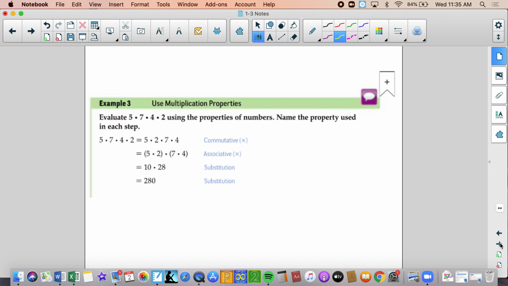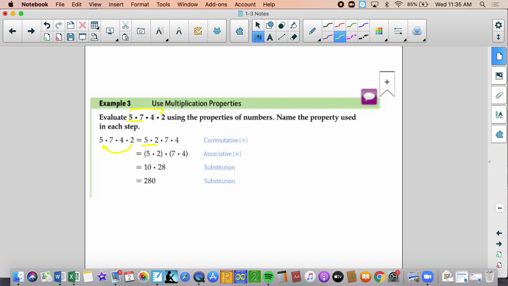So use multiplication properties. Evaluate 5 times 7 times 4 times 2 using the properties of numbers. Name the property used in each step. Okay, well, I don't necessarily want to multiply 5 times 7 first. I think I'd rather multiply 5 times 2. So if we move this 2 over, then we can multiply 5 times 2, and that's a little bit easier because that'll give us 10.